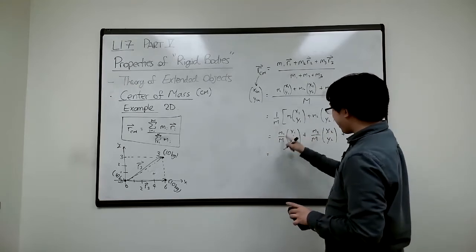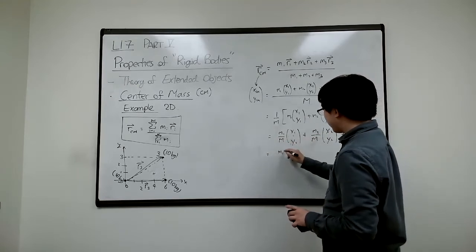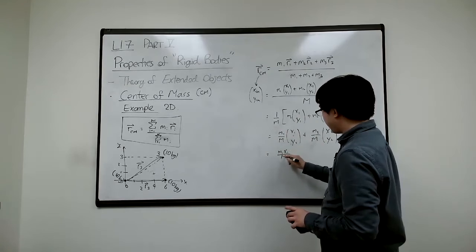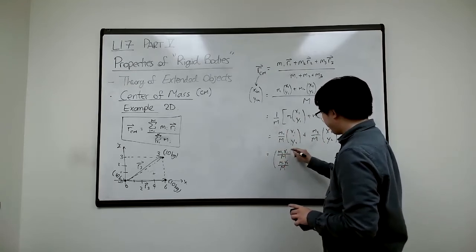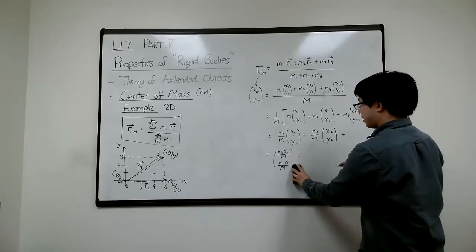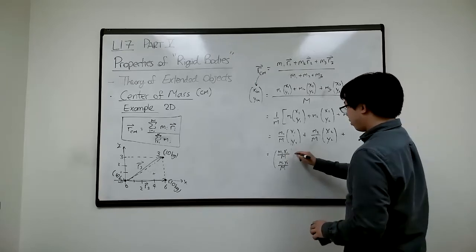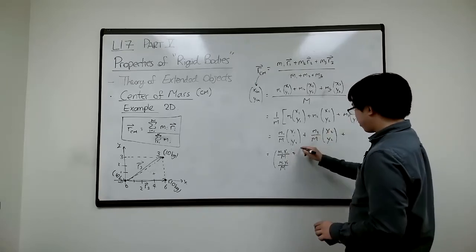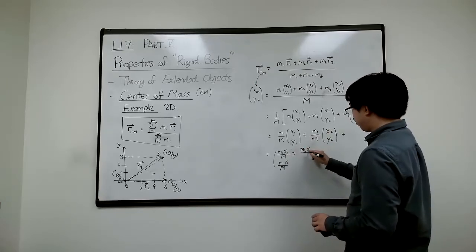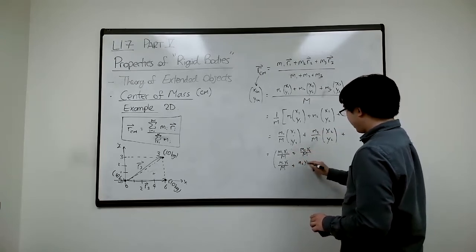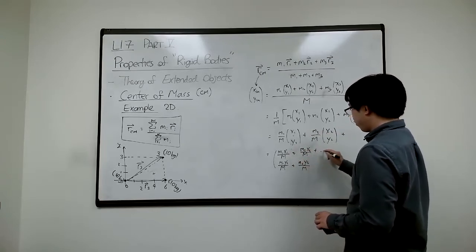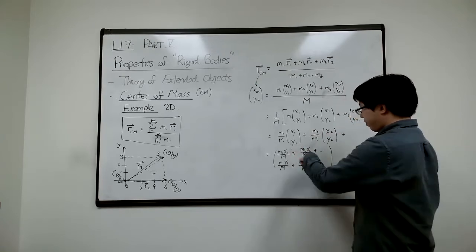And here, I can multiply this in. So I have M1 X1 over M, M1 Y1 over capital M, plus, but plus I can just add all of these together. So it's M2 X2 over M, plus M2 Y2 over M, plus the one with 3.